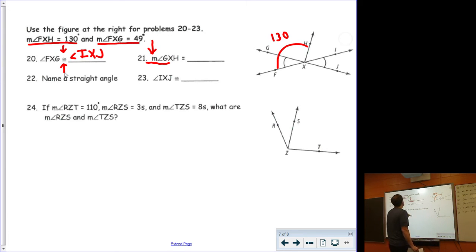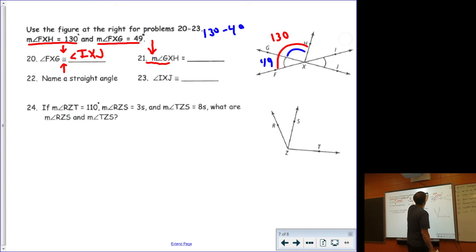And FXG is 49. So this part of it is 49. And I want the measure of angle GXH. So I want this part of it. That would be 130 minus 49, and 130 minus 49 is 81, I believe. There we go.